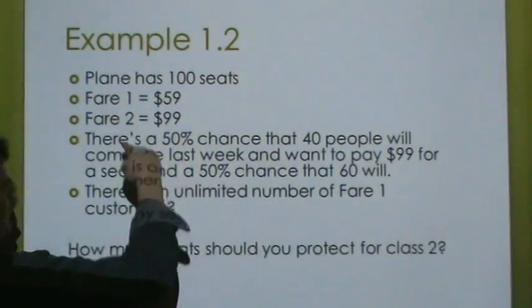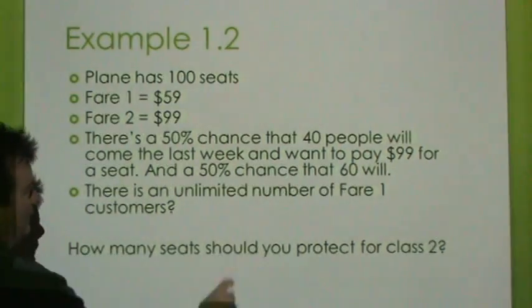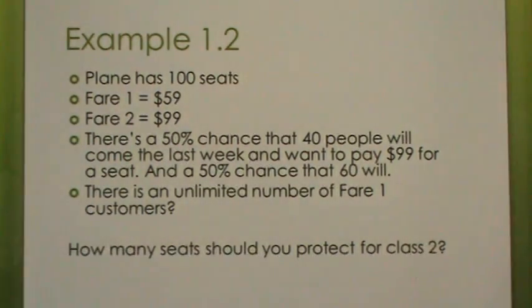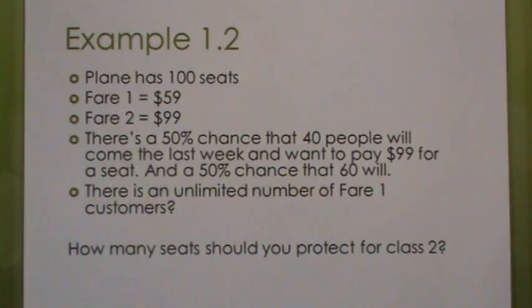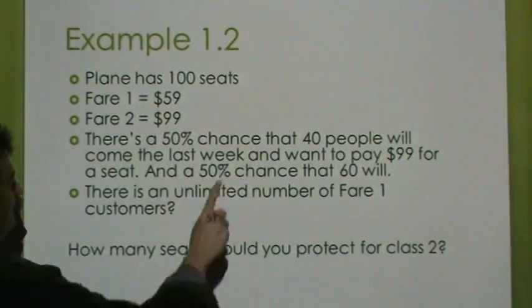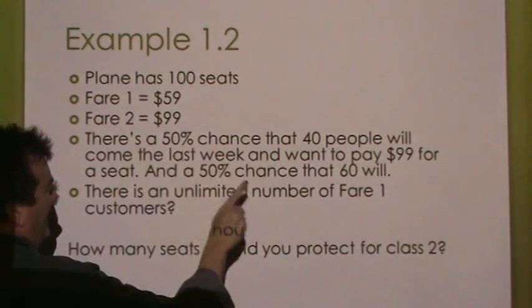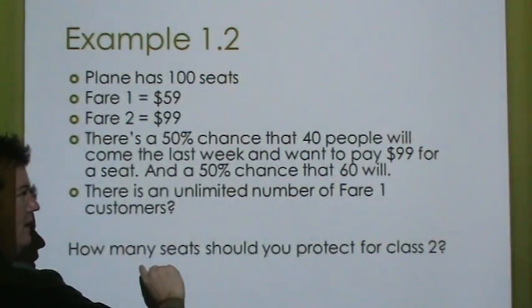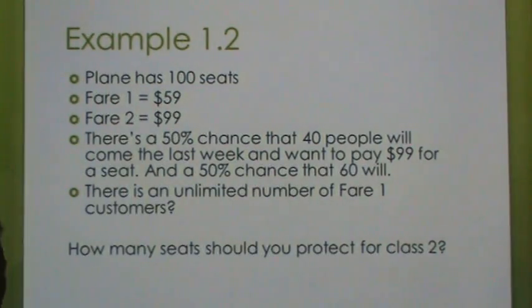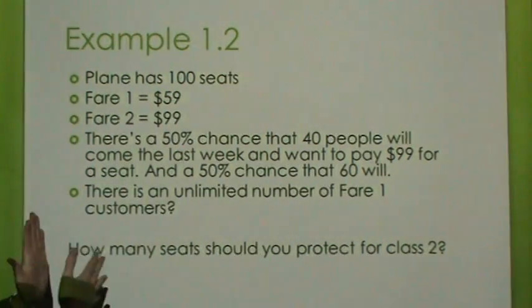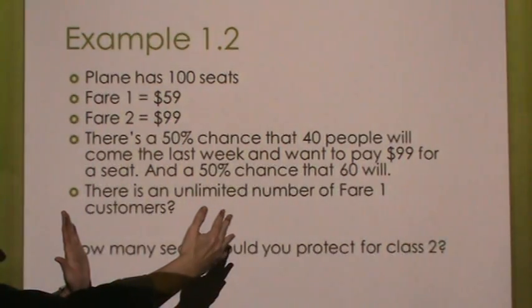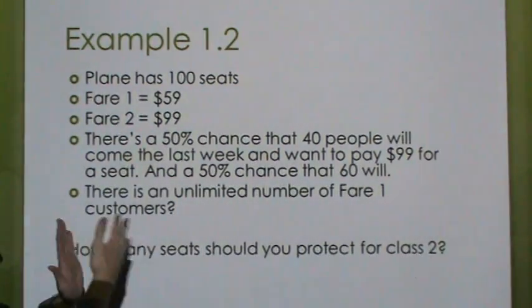And I think those two numbers would just have a linear line going between the two if we pick numbers between 40 and 60. So for example, if we protected 50 seats, then we would get 50 times 59 and either 40 or 50 times 99, and that's an important concept: it goes up to the amount you protect or the amount that showed up.